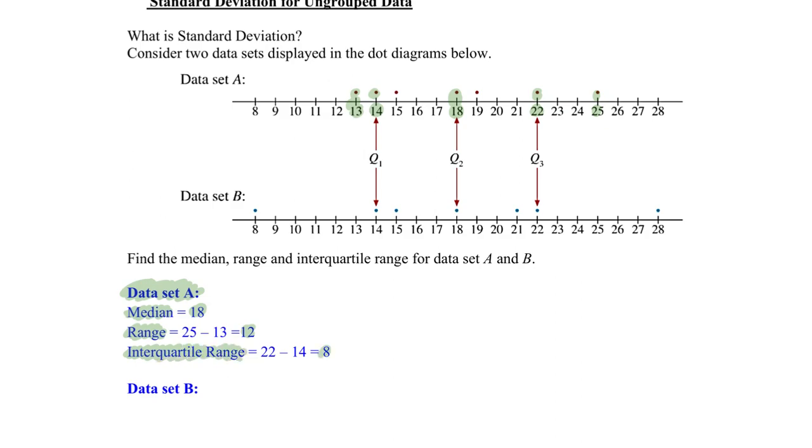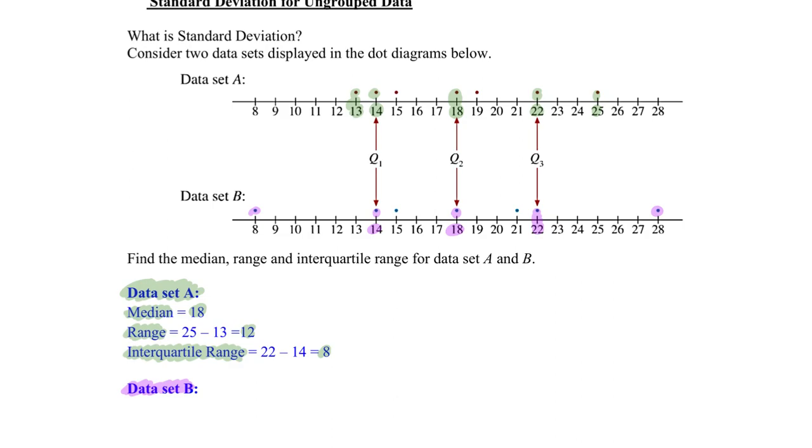And let's take a look at data set B. The median for these blue dots is also 18. This is at the middle. And I can also see that the upper quartile and the lower quartile are 22 and 14. The range will be 28 minus 8.